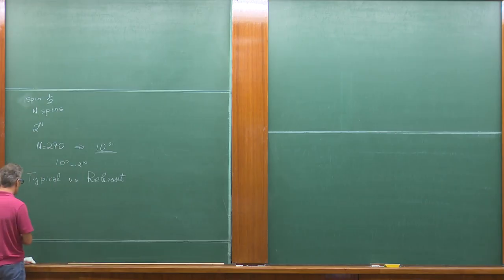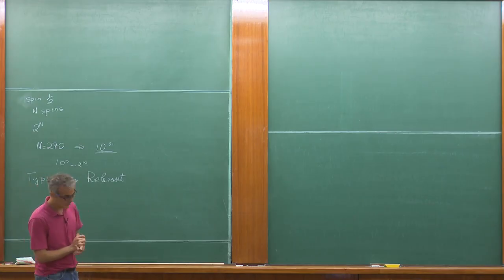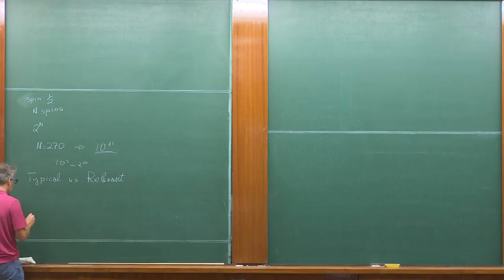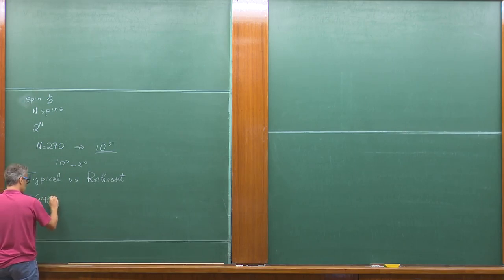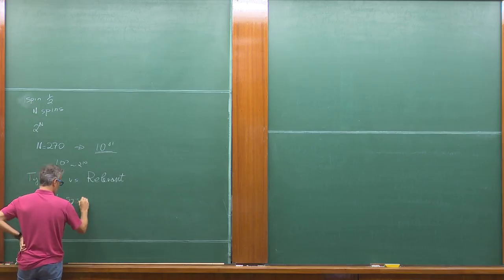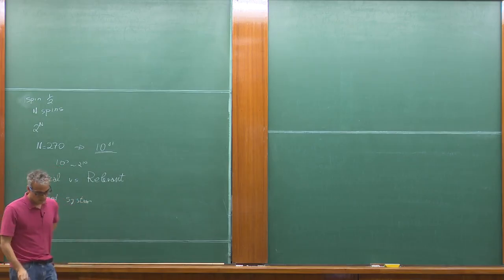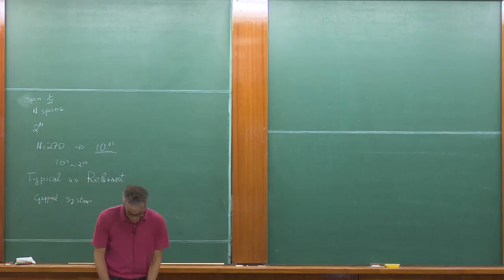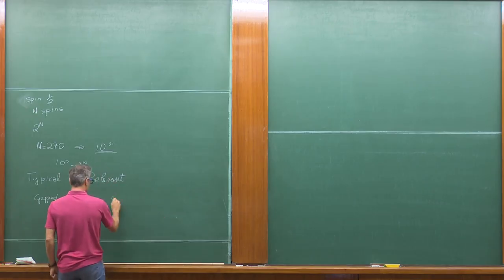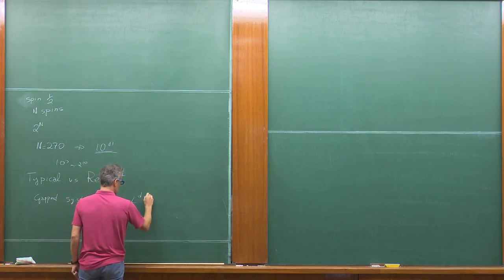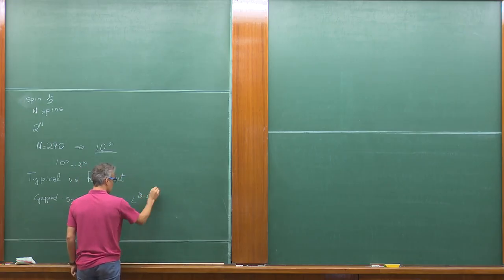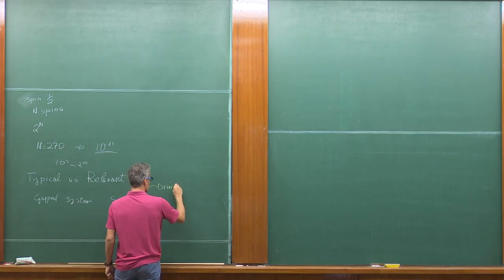And this comes from interesting studies on area law, for example. If you take a gapped system, you find that entanglement will go as L to the D minus 1, where D is the dimensionality of the system.